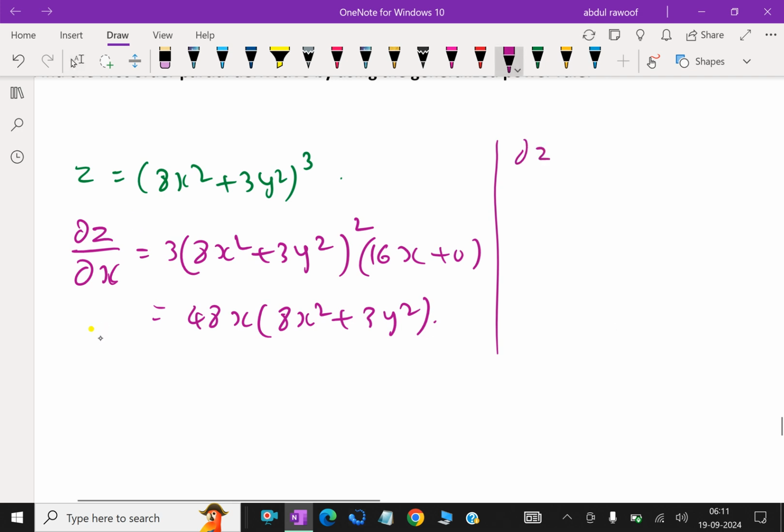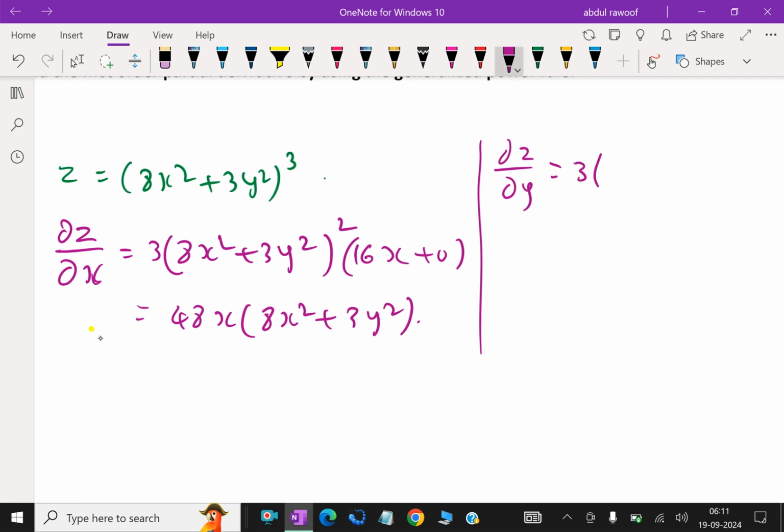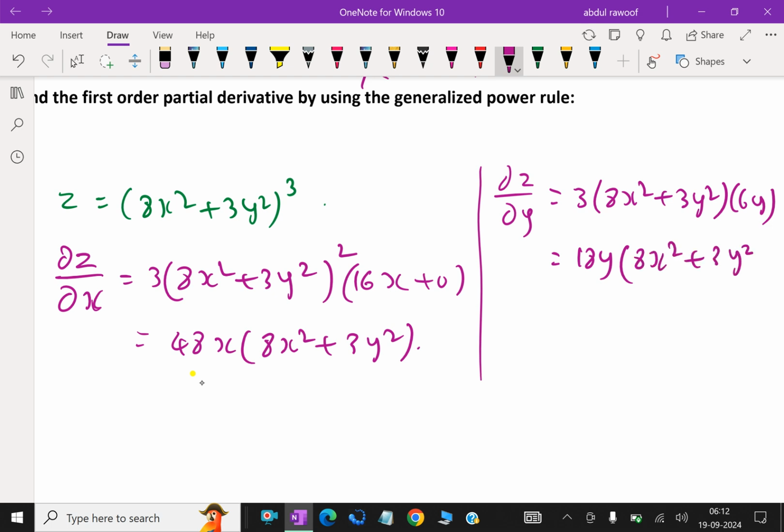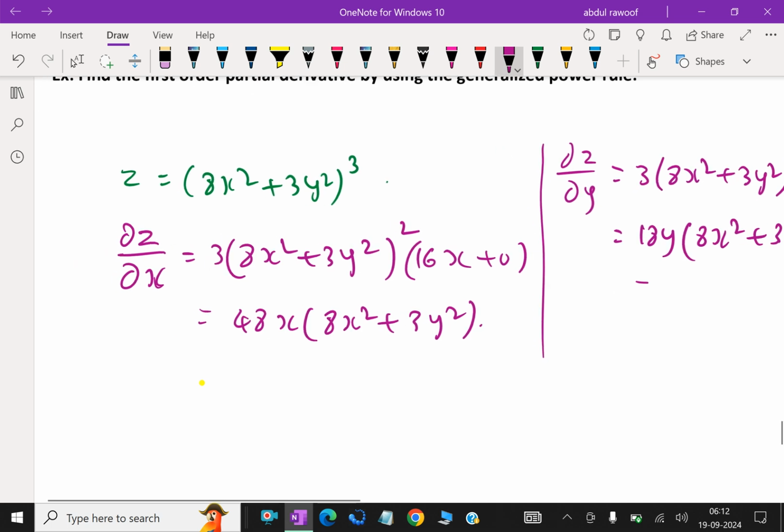Similarly, dou z by dou y is same, that power comes front, that is 3 comes front into the function 8x squared plus 3y squared into the derivative of 8x squared plus 3y squared with respect to y is 6y. Now which is equal 6 into 3 is 18y into 8x squared plus 3y squared. This is dou z by dou y.